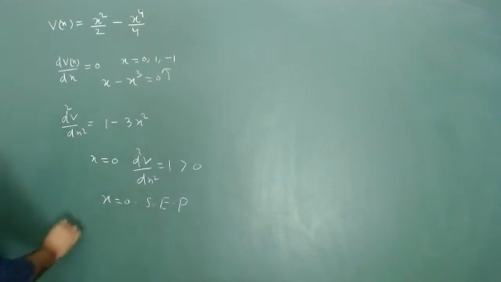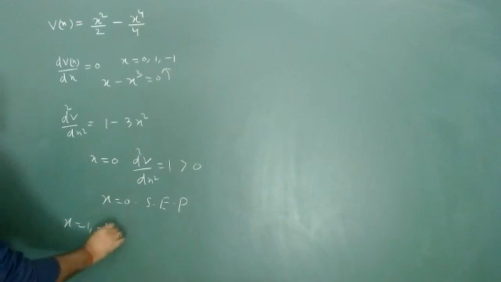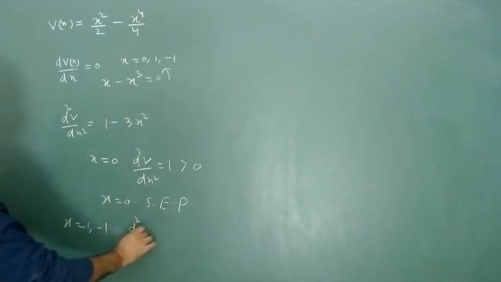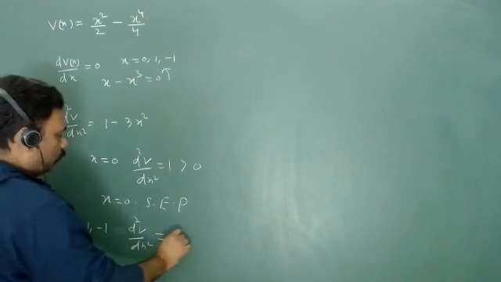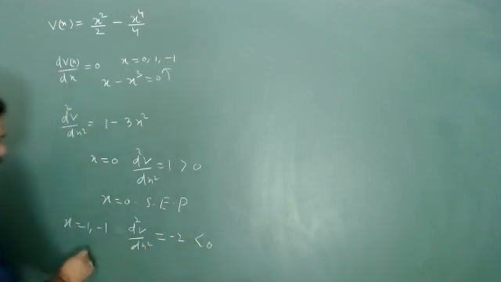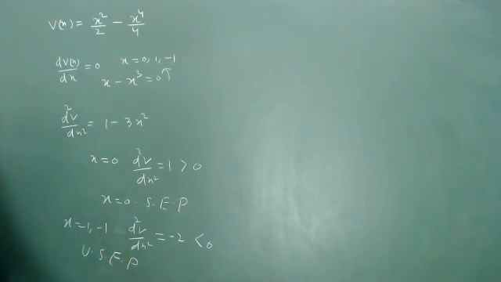So x equal to 0 is a stable equilibrium point. And what will happen at x equal to 1 and minus 1? We have d square V upon dx square, 1 minus 3 into 1 is minus 2, that is less than 0, so this is an unstable equilibrium point.